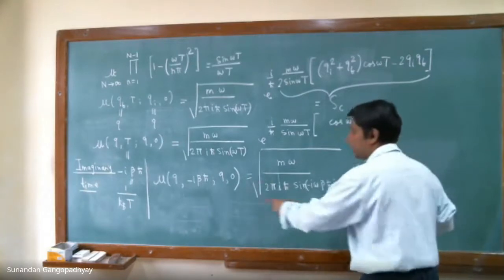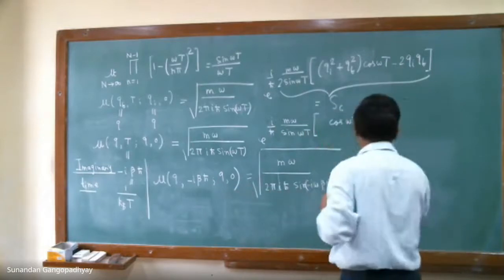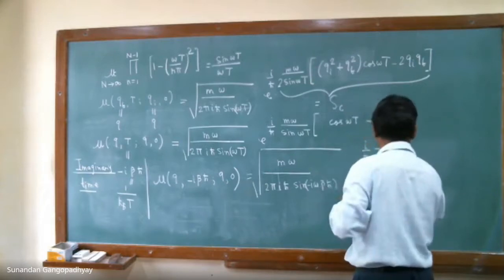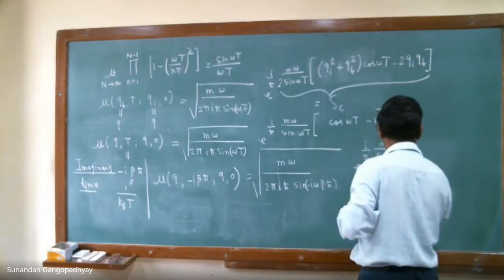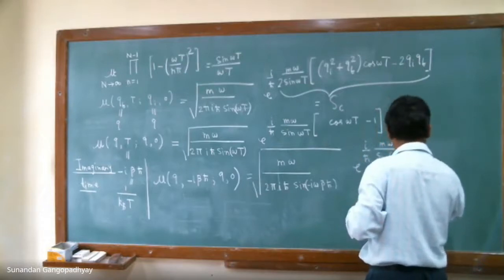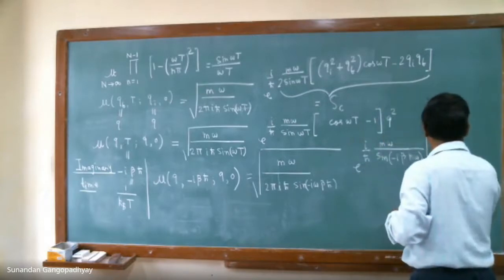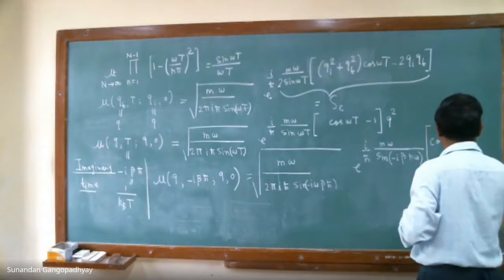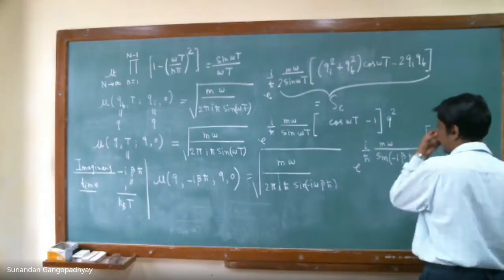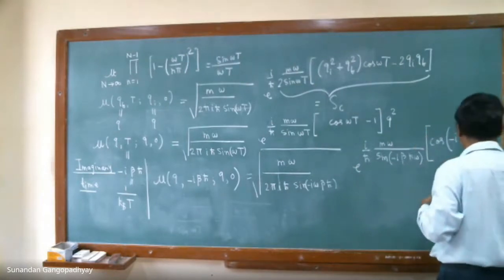This expression, actually, we have done this calculation earlier when we calculated the partition function. Minus I beta h bar omega, then we have cosine of minus I beta h bar omega minus 1.